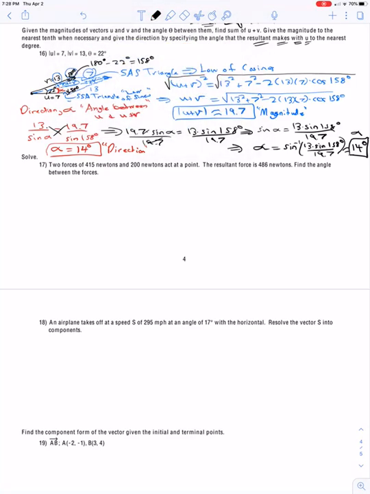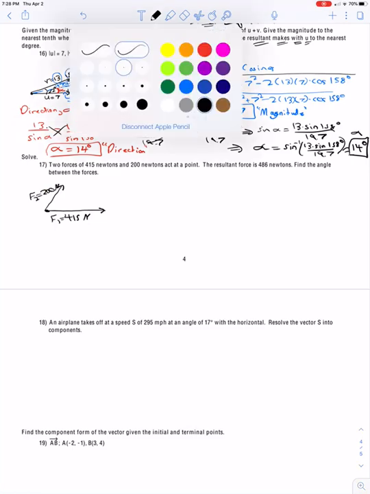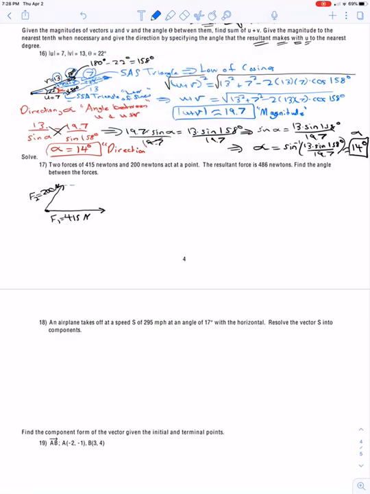So two force vectors. So I'm going to go ahead and draw in this first force vector. We'll call this one here 415. Here's force 1. We can give it a name, 415 newtons. And then we got another vector that's force 2, F2, we'll call it the second force. It's 200 newtons. As we use, again, our parallelogram method, let's go ahead and draw in opposite sides, parallel and congruent.